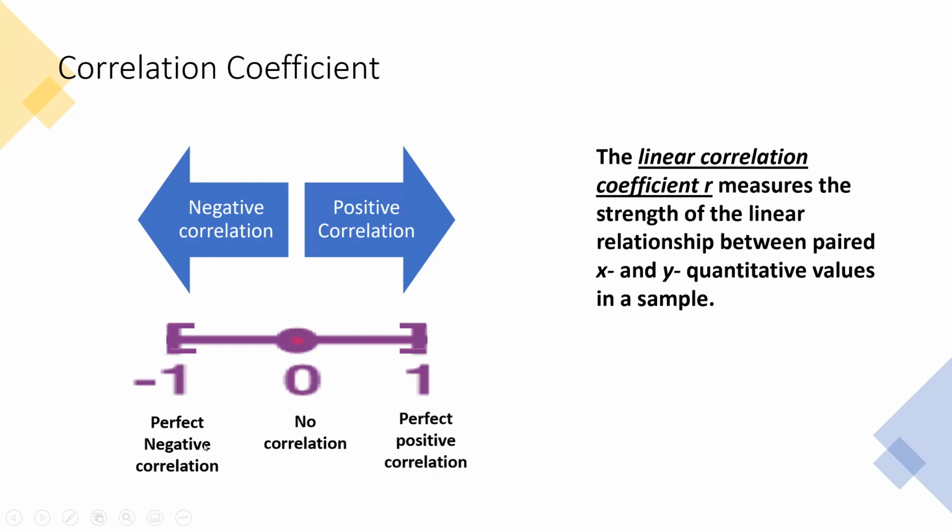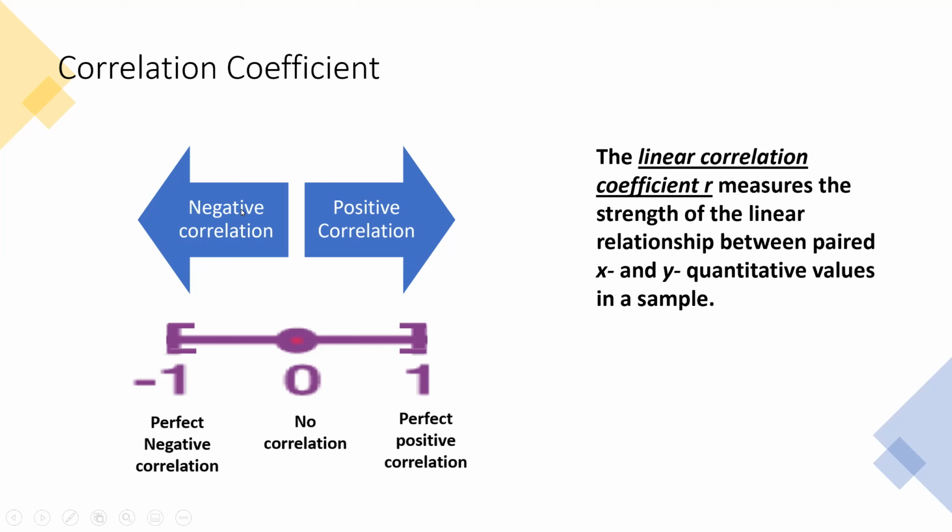So the correlation is going to be measured by a correlation coefficient. We have the linear correlation coefficient that measures the strength of the linear relationship between paired X and Y variables. Those variables are quantitative variables.